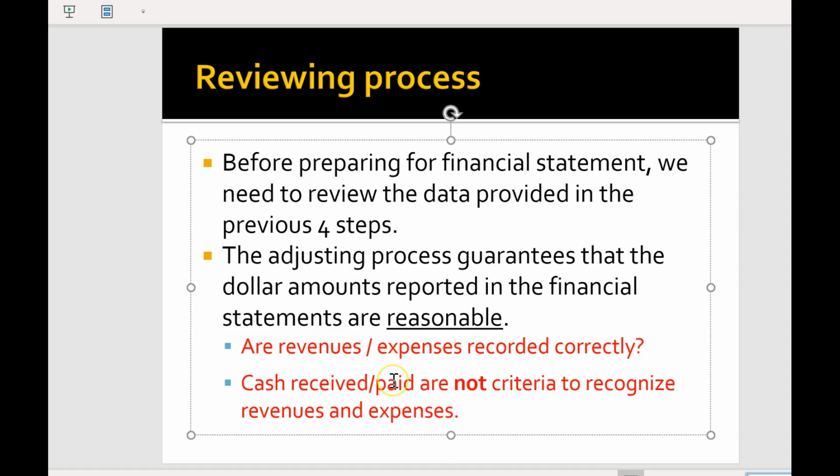So this is what we need to learn in this chapter, that companies recognize revenues and expenses not based on whether cash is received or paid. Okay, so again, cash received or paid are not criteria to recognize revenues and expenses.